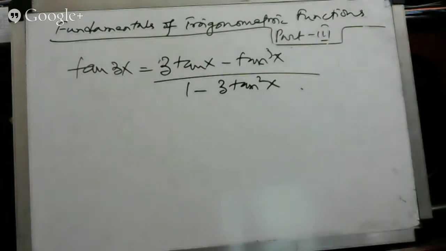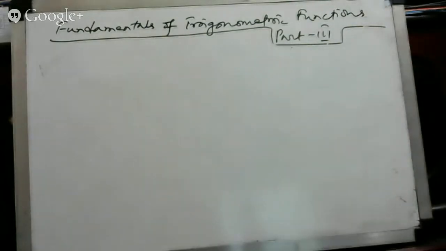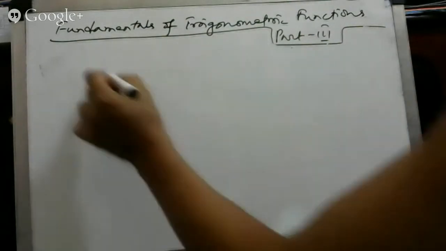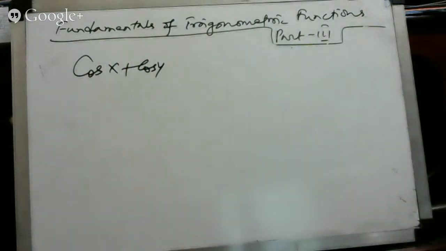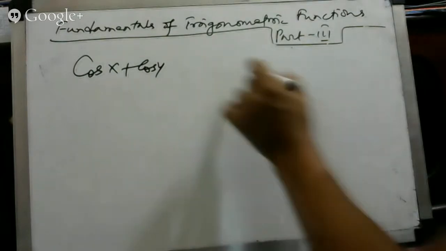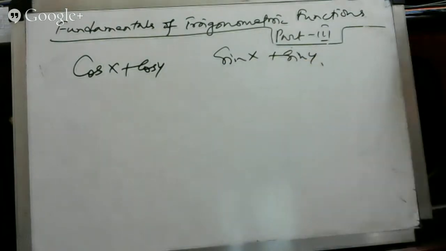This covers up to this, and then further other identities are cos of x plus cos of y, and then sine of x plus sine of y. We need to derive this. So how to derive this?